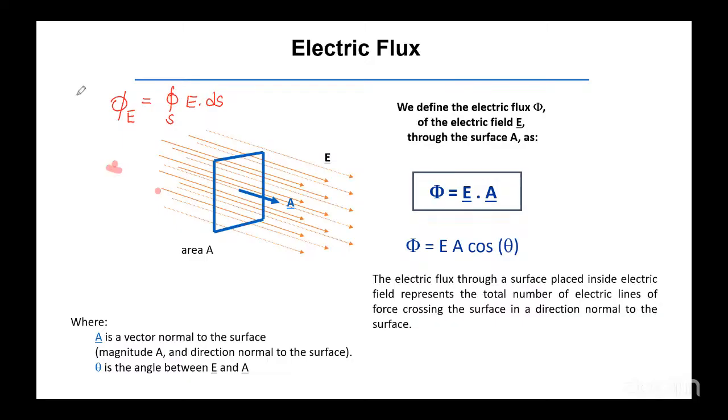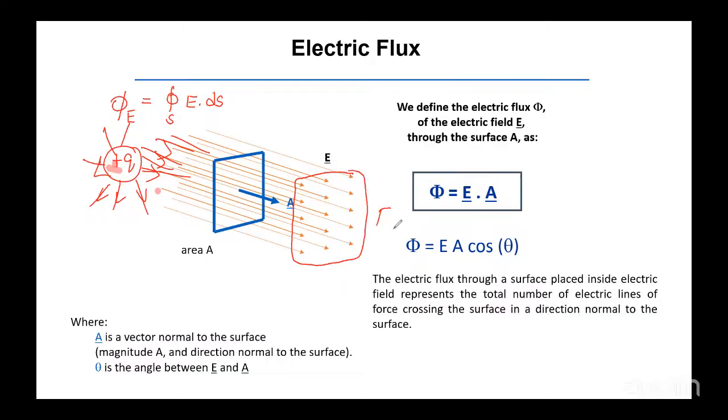Whenever a plus Q charge is there, the lines of force of field are outwards. You can easily tell that all these are arrow marks.